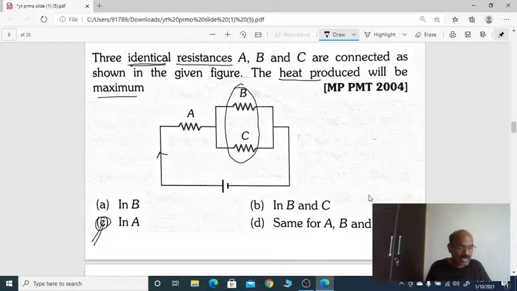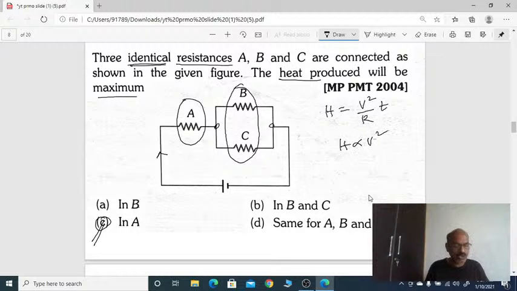In parallel connection, the voltage drop across A will be greater when compared to B and C. We know heat developed equals V square by R into T, so heat is proportional to V square.